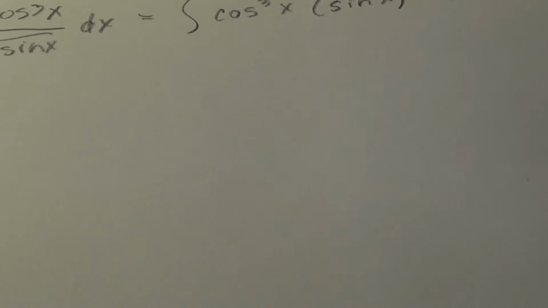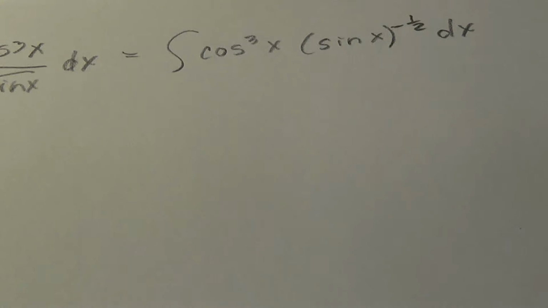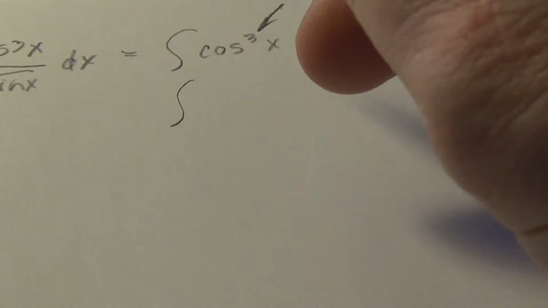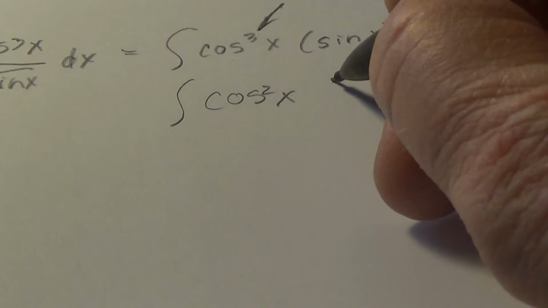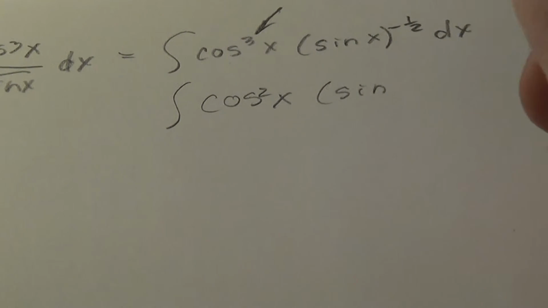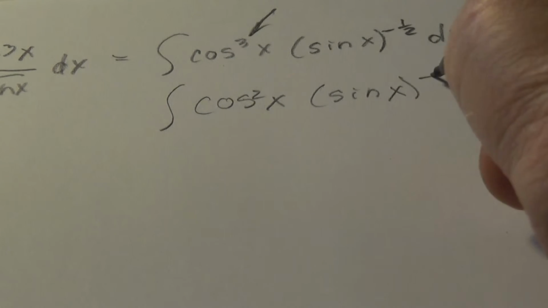Now, with that, we can continue, and we're going to use the same strategy that we used when we had an odd number of sines. So at this time we have an odd number of cosines. So we're going to save one and change the others. If I save one out, I have cosine squared left. I still have sine x to the minus 1/2.